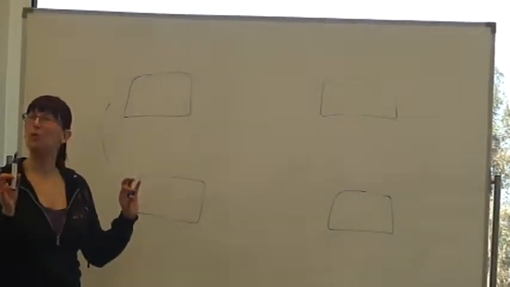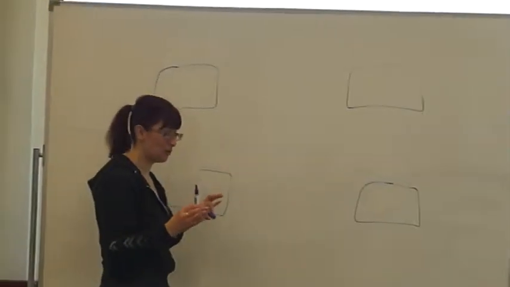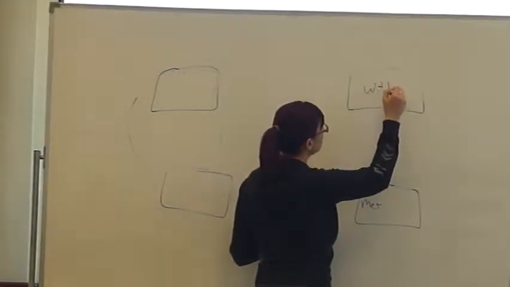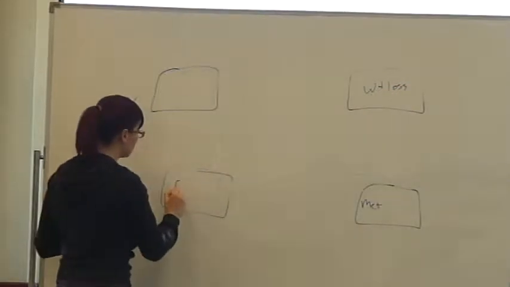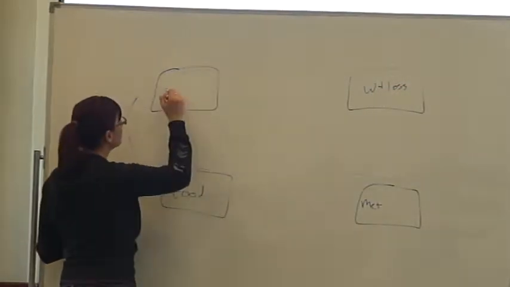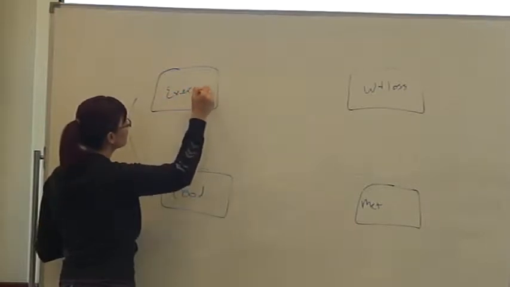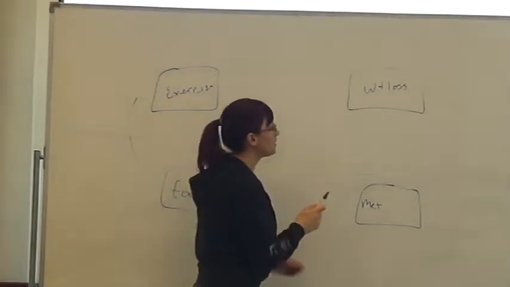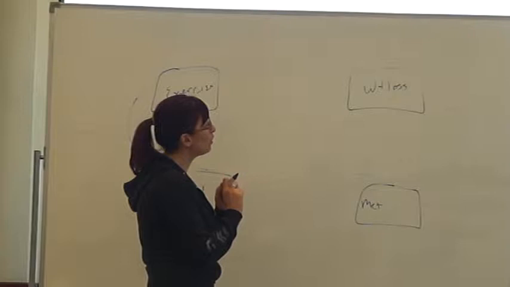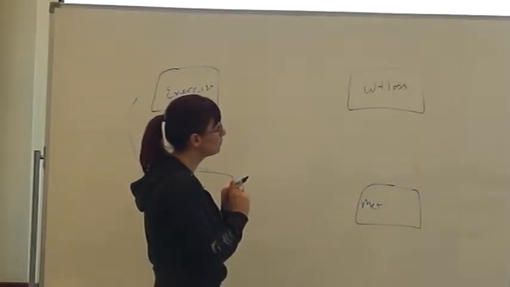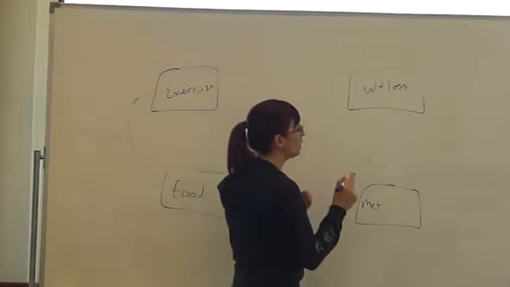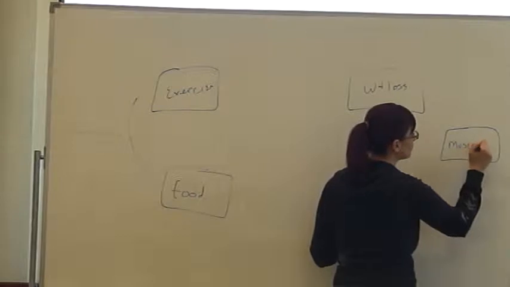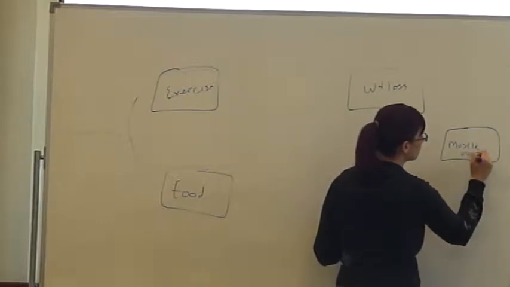When I do the spur of the moment thing, it's probably not going to make sense as far as the full path, but I'm going to try. So this is your metabolism, weight loss. Let's say you added a third variable, like muscle mass.